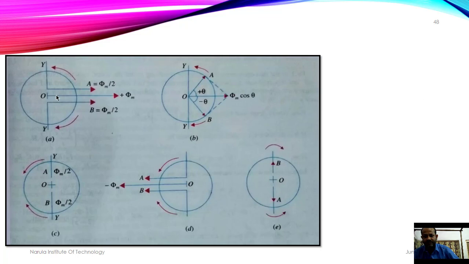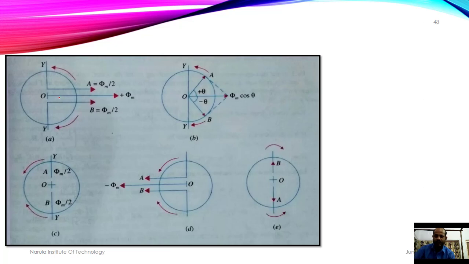So now we have taken different instances A, B, C, D, E. So one field is A, which is rotating in clockwise direction, and another field is B, which is rotating in anti-clockwise direction. Both the magnitudes are the same, both are phi m by 2.